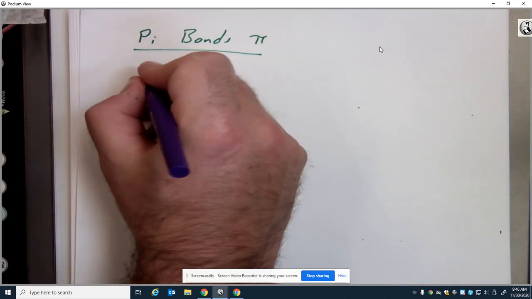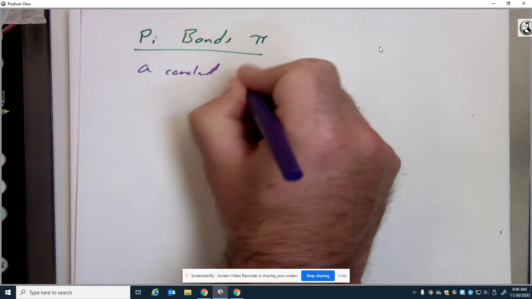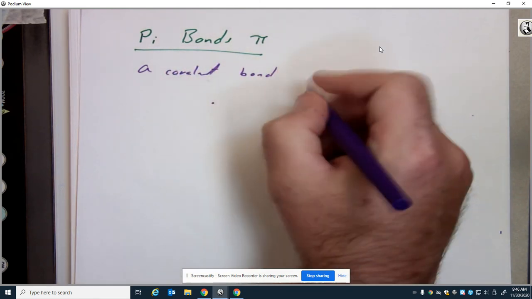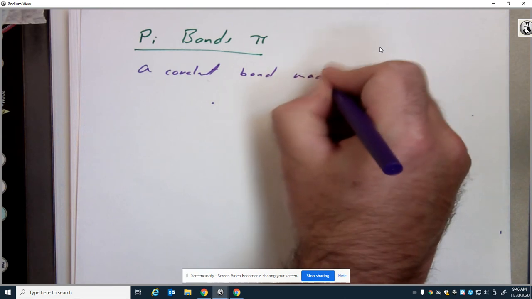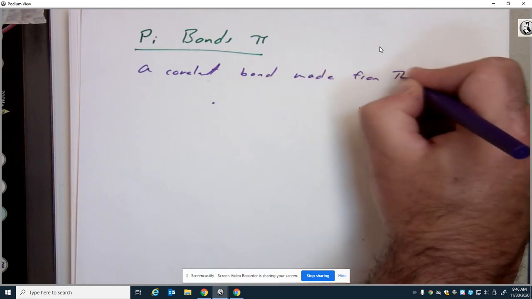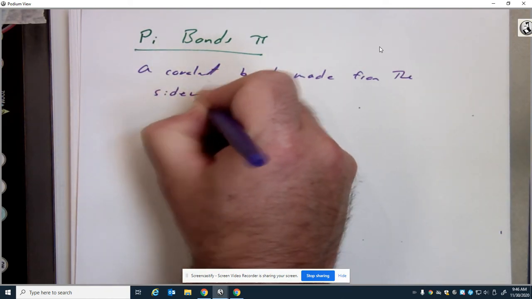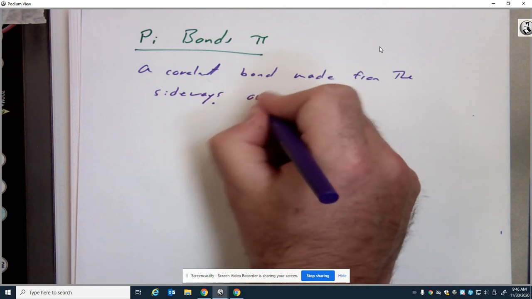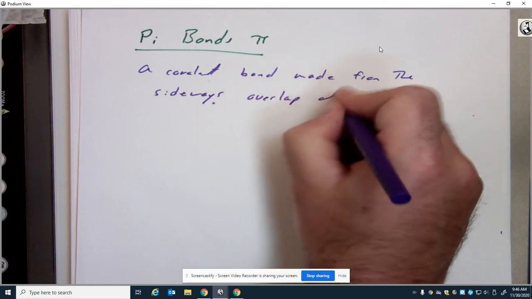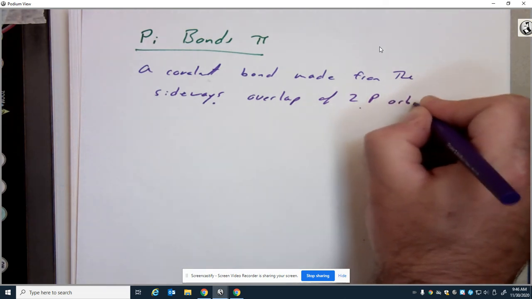So pi bonds are a covalent bond made from the sideways overlap of two p orbitals.